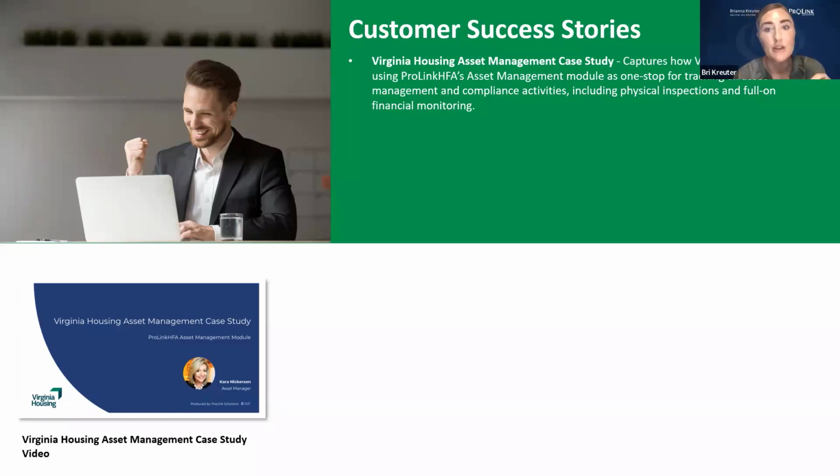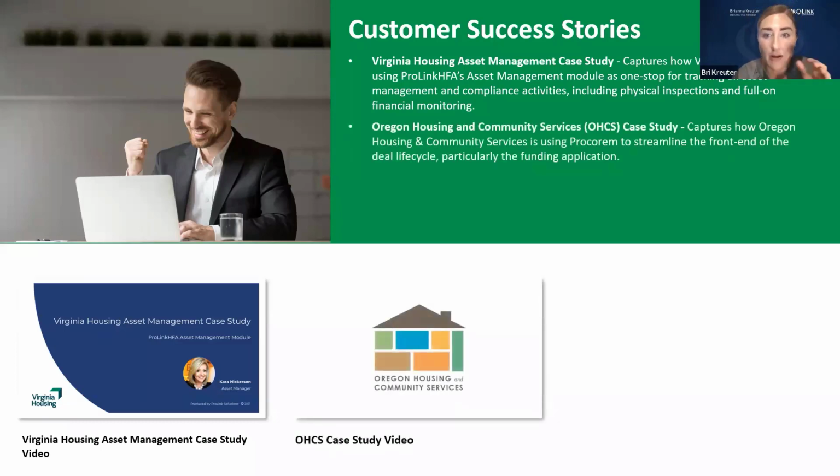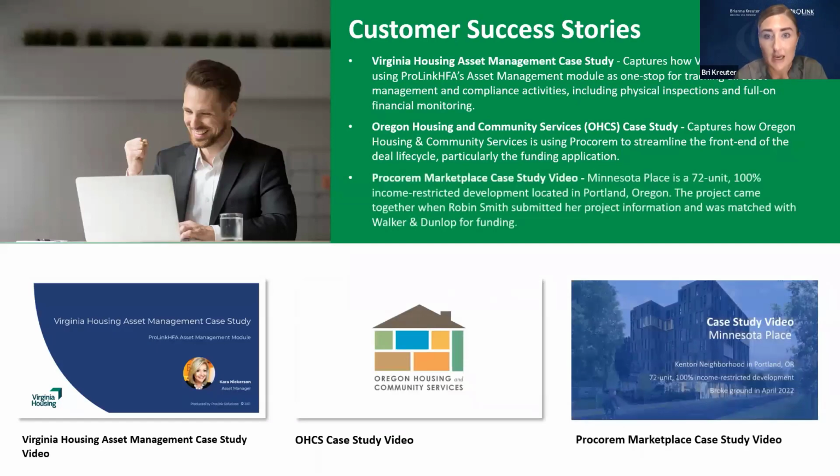So we've featured Virginia Housing Asset Management as a case study, Oregon Housing Community Services, and then the Procorum Marketplace, which is actually a way for developers to source gap financing through Procorum, which is very cool and new, and something I really look forward to talking to our state agencies about, making sure that that's part of the references that you can give your clients who are looking for gap financing.